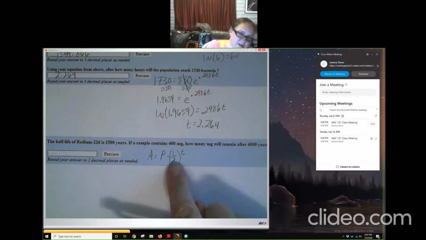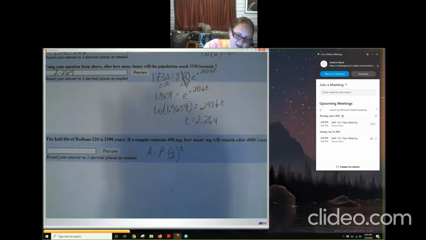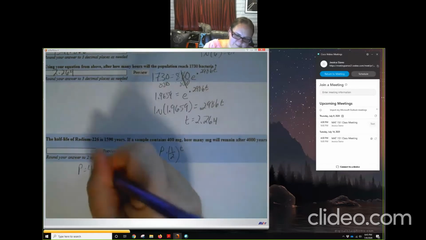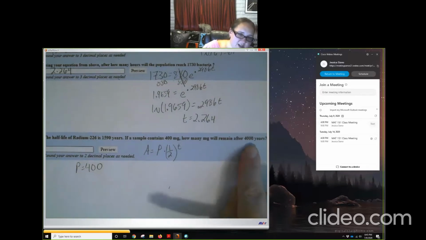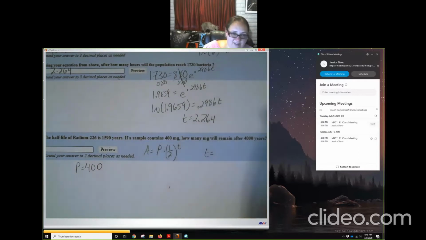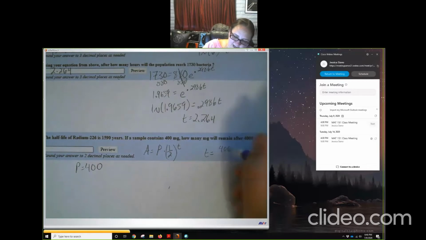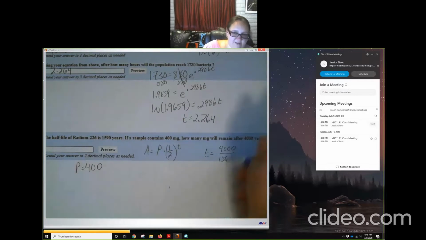Okay. So if a sample contains 400 milligrams, so that's my initial amount, how many milligrams will remain after 4,000 years? So for my T, I need to know how many half-lives have happened. So that would be 4,000, the number of years that have passed, divided by how long one half-life takes.